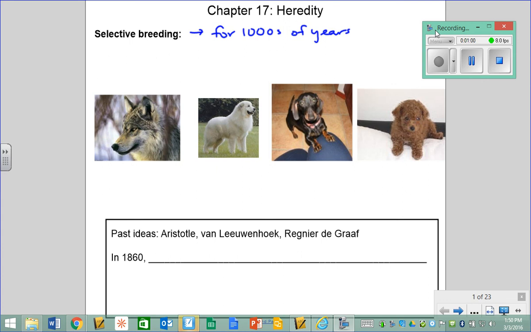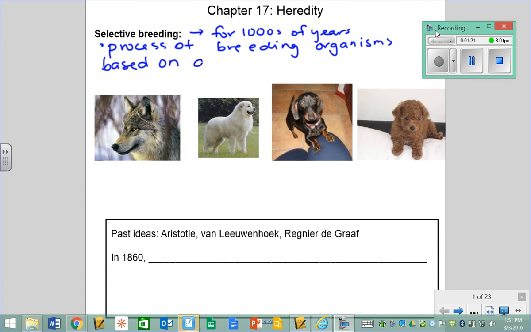But selective breeding is the process of breeding organisms, animals or plants, based on, and it can be based on two different types of things, their qualities or their behaviors.